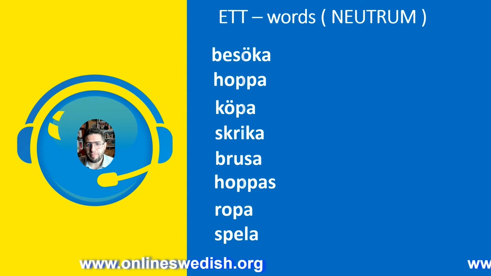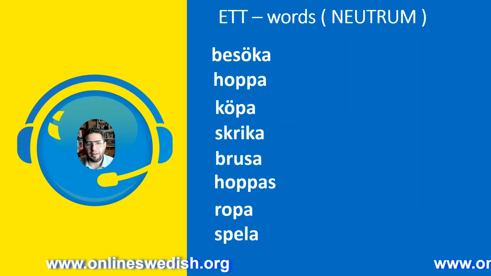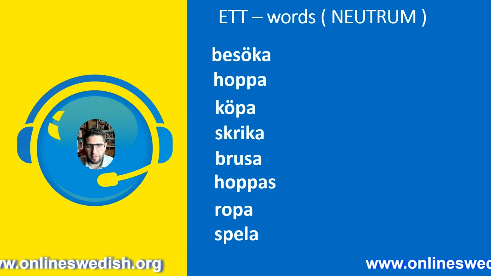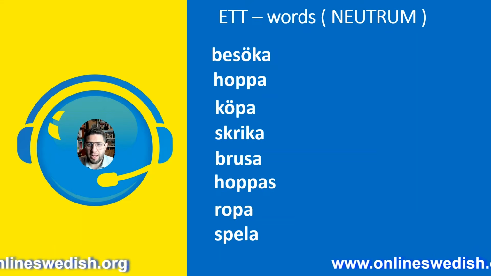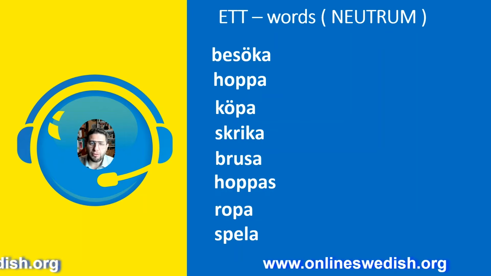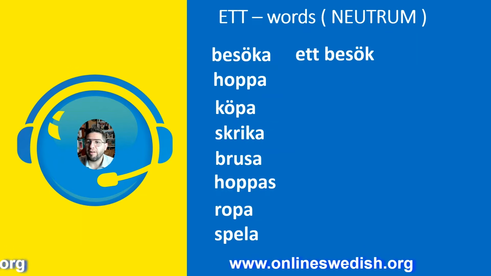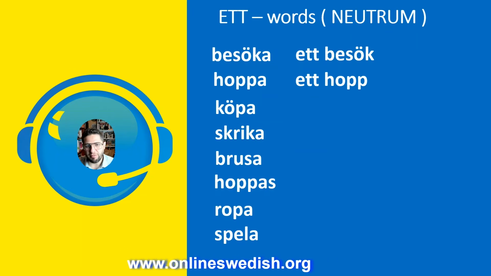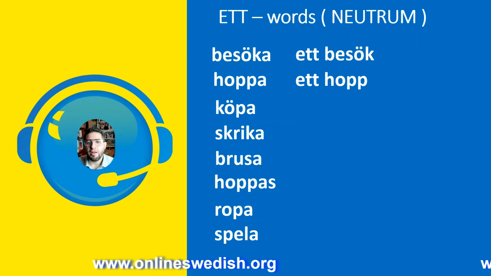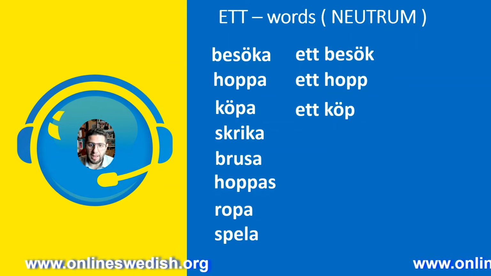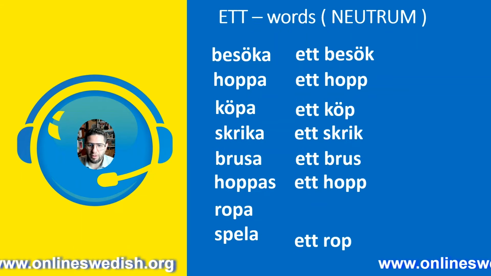And so you have lots of other words where these verbs, they have corresponding nouns. For example, besöka, to visit, and then you have visit. Hoppa, to jump, and then you have jump itself. Köpa, to buy, and then you have ett köp, a purchase, and so on.